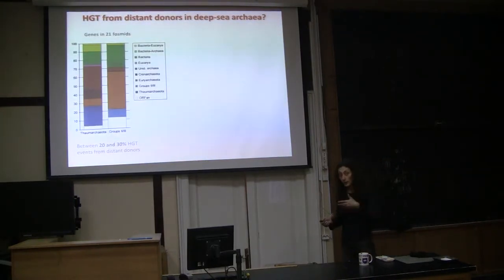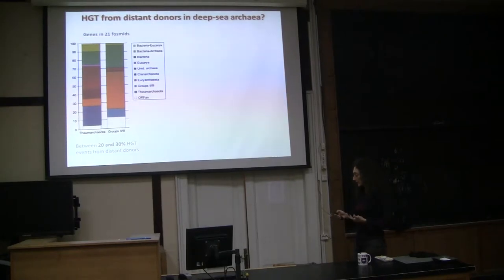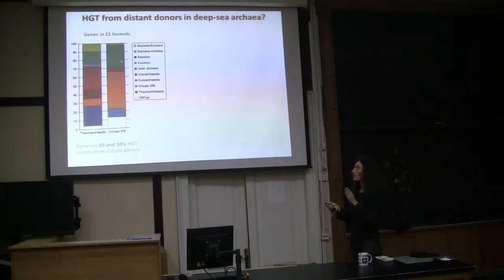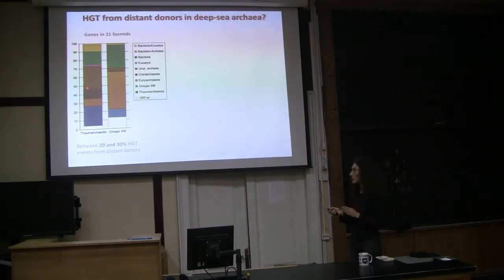Okay? So applying this type of analysis, from the analysis that we made of all the phylogenetic trees for all the genes in the 21 fosmids, we observed that between 20% to 30% in the case of groups 2 and 3, Eukarya, were cases of horizontal gene transfer coming from bacteria, so very distant donors, another domain.